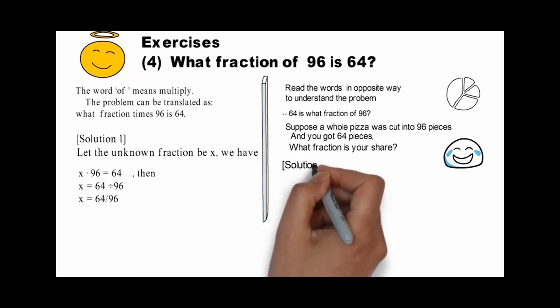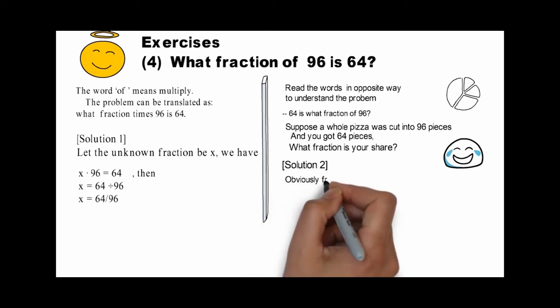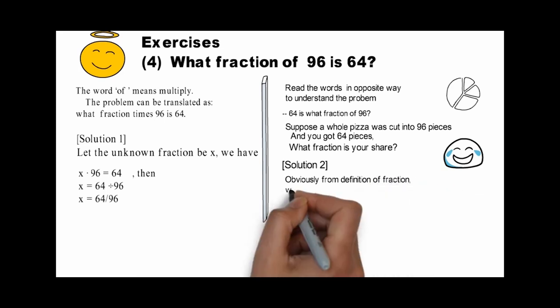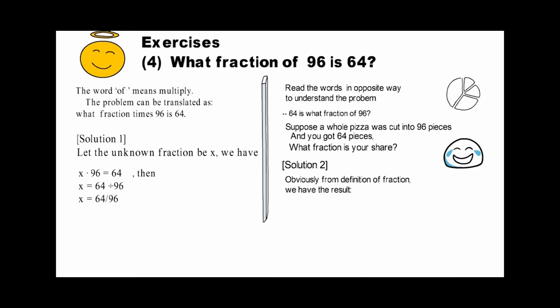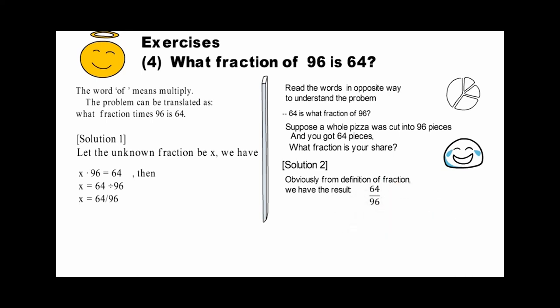So our solution is, obviously, from this definition of fraction, if we take 64 pieces out of 96, then the share is 64 over 96. So you see that this method results in the same fraction as the previous method.